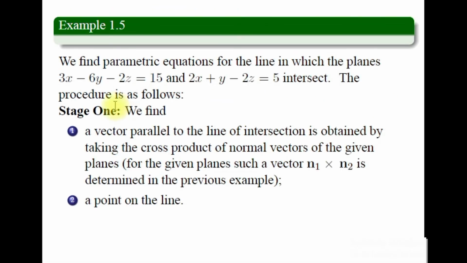The given planes are 3x minus 6y minus 2z is equal to 15 and 2x plus y minus 2z is equal to 5. We put z equal to 0 here and obtain the equation 3x minus 6y is equal to 15, and also put z equal to 0 here and get 2x plus y is equal to 5.